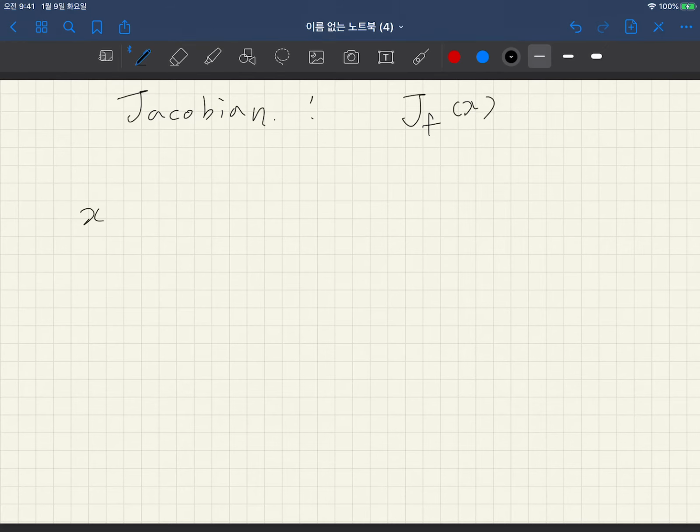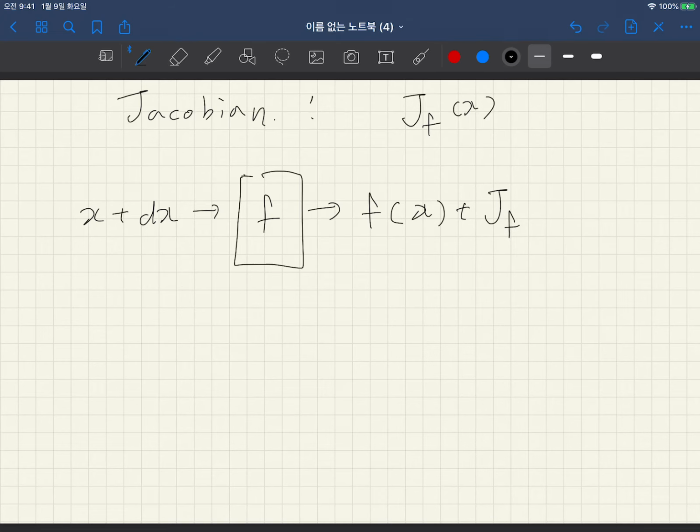Using the Jacobian, we can define the chain rule. Let's say x plus dx is the infinitesimal perturbation of input x, which goes through function f. Then the result will be f(x) plus the Jacobian of function f at point x multiplied by the perturbation vector dx.